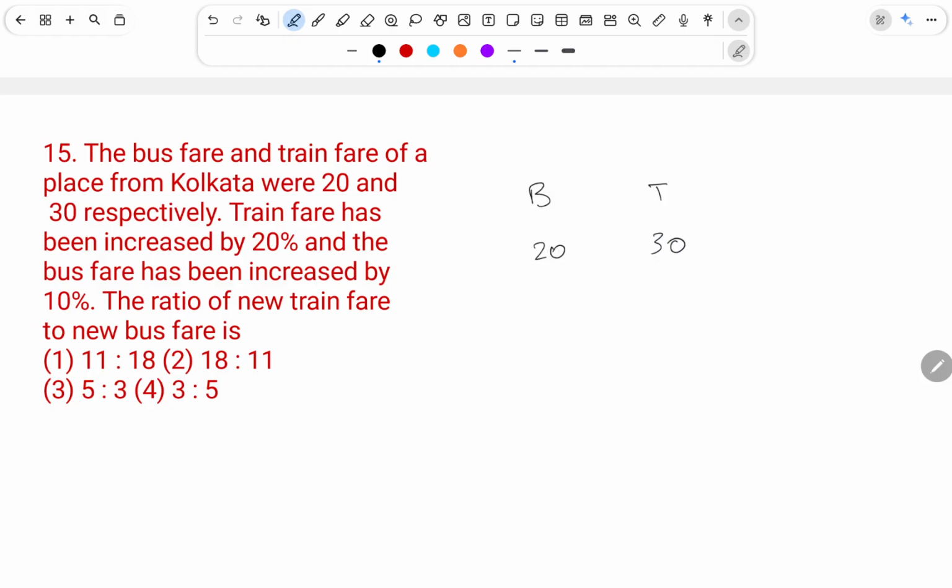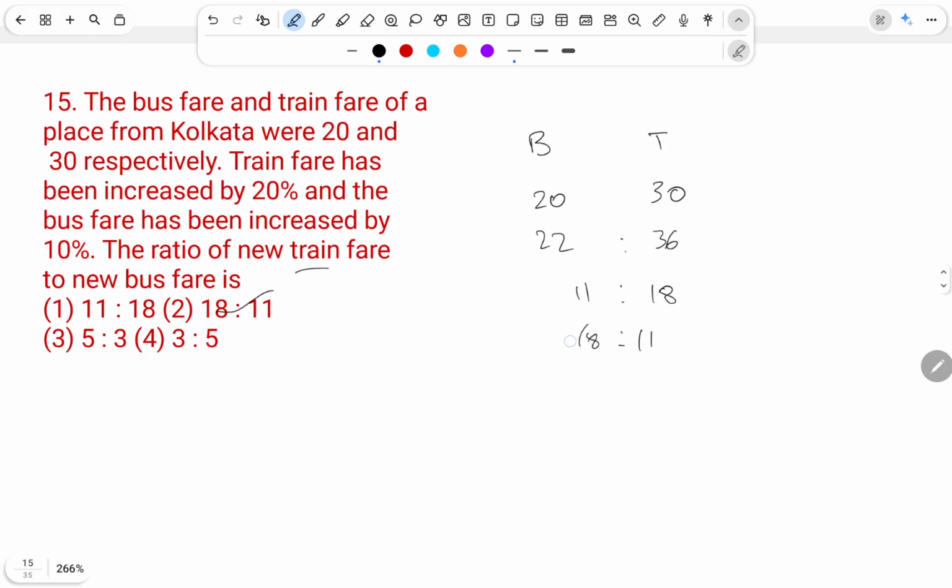Train fare has increased by 20%, means 10% is 3, 20% becomes 6, so 36. And the bus fare has increased by 10%, means 22. The ratio of the new is 11 is to 18. But what they are asking? Train fare to bus fare. So 18 to 11. Be careful.